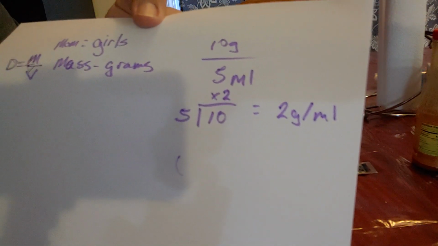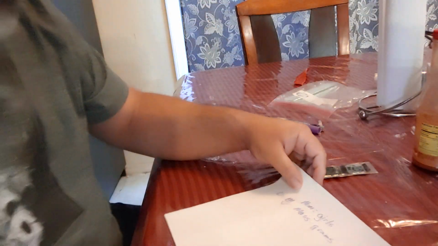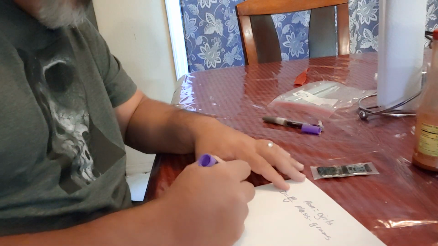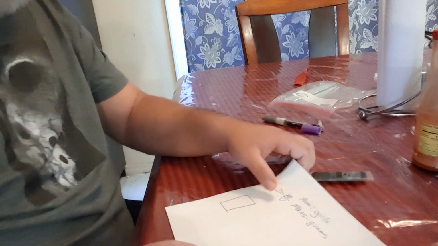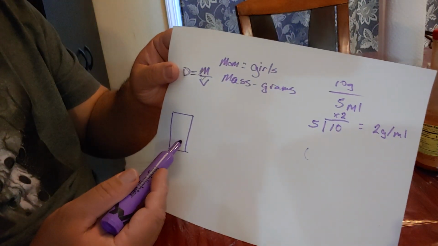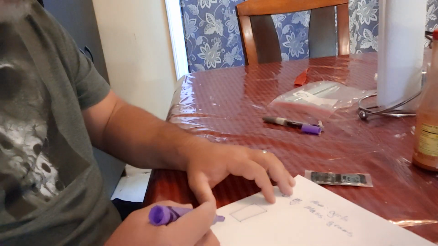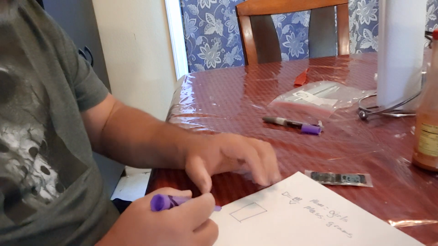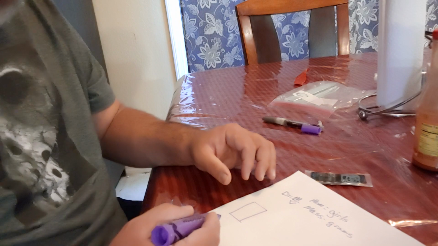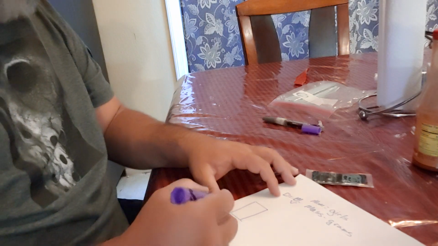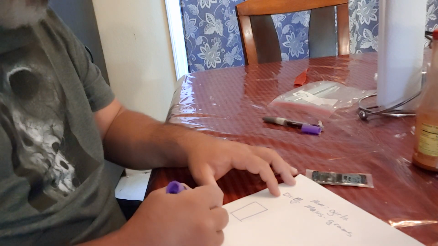So that's that. Now, another thing about density is, hypothetically, if I have a piece of aluminum foil. There's your piece of aluminum foil, right? This aluminum foil that I measured, because it's so wide, let's say I end up getting 12 grams out of it.